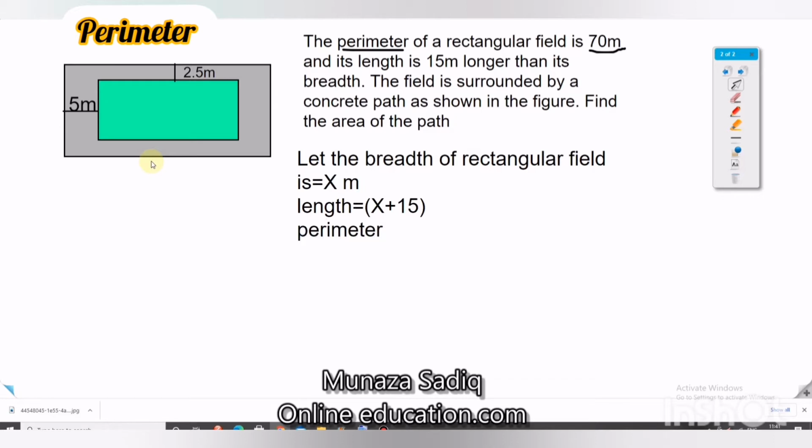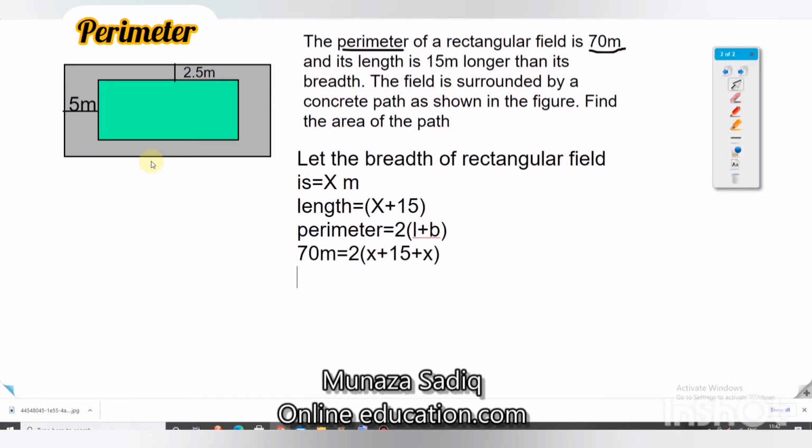So perimeter is given. Perimeter is equal to 2 inside the bracket, length plus breadth. Perimeter 70 meter is equal to 2 inside the bracket, length is x plus 15 and breadth is x meter. Close this bracket.